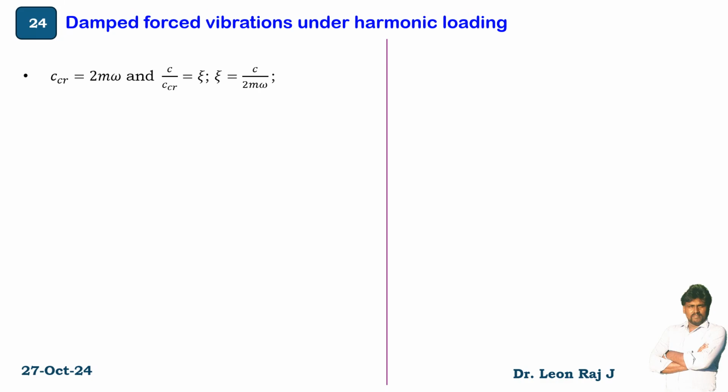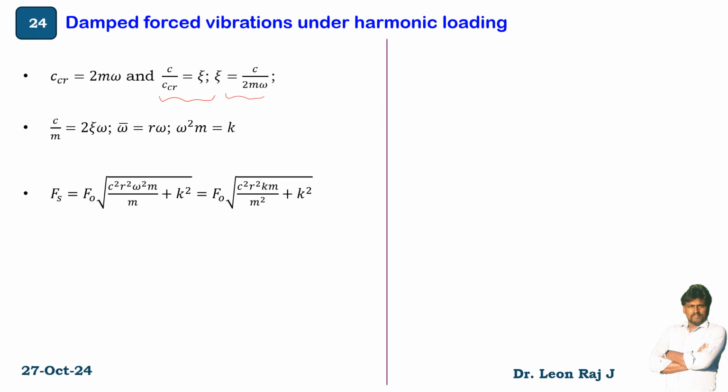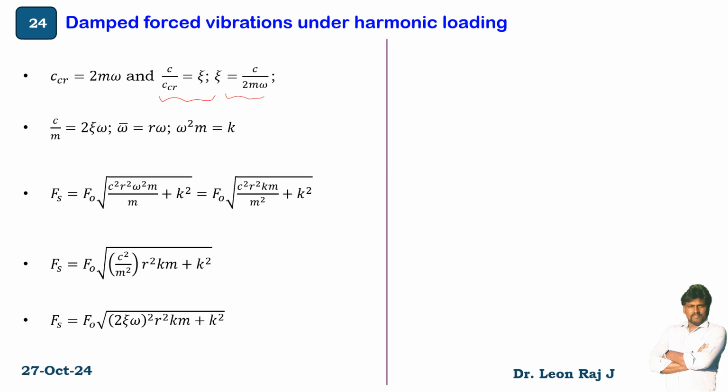So C by C_cr is equal to xi, and xi is equal to C by 2m omega, m omega square equal to k, omega bar equal to r omega, C by m is equal to 2 xi omega. So Fs is further written as F0 equal to square root of C square r square k m divided by m square plus k square, and it is further written as (C by m) square m whole square r square km plus k square.